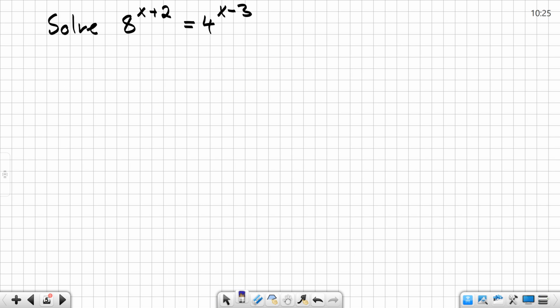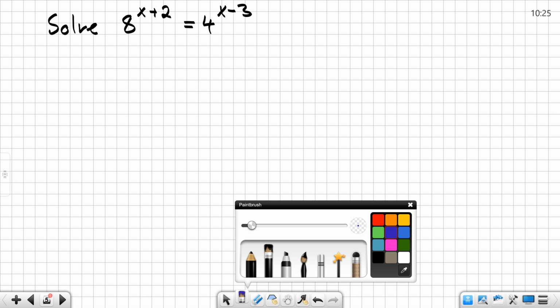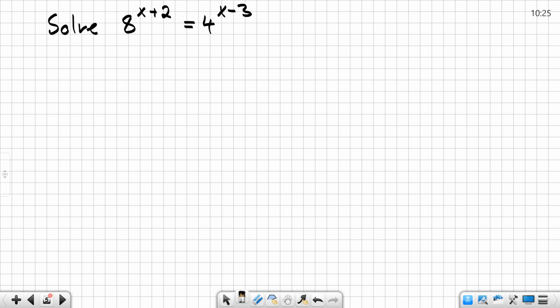Let's do another one. Here's one that is a slight little bit trickier than the one before, because in this case I look at my bases 8 and 4, and it is not as obvious as before. Well, I want to say quite. 8 is the same thing as 2 raised to the third, raise all of this to the x plus 2 power.